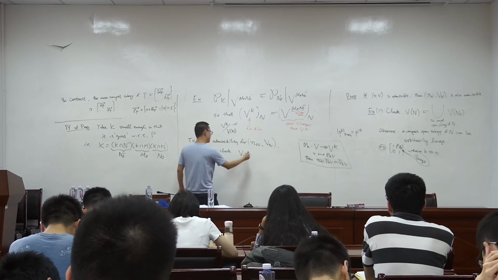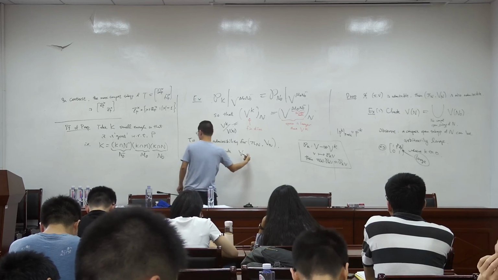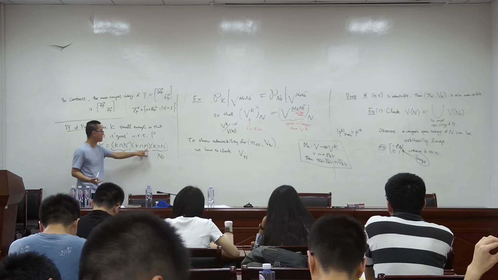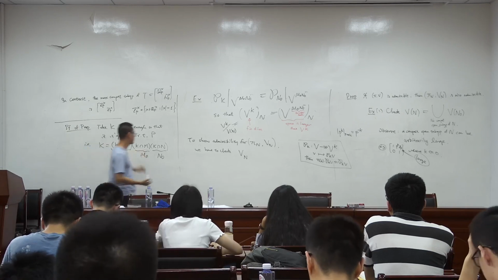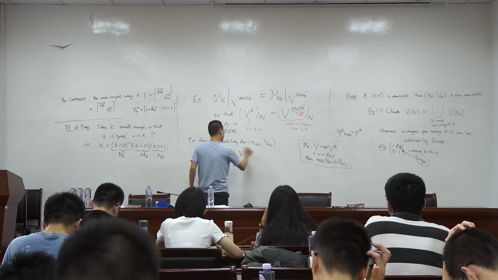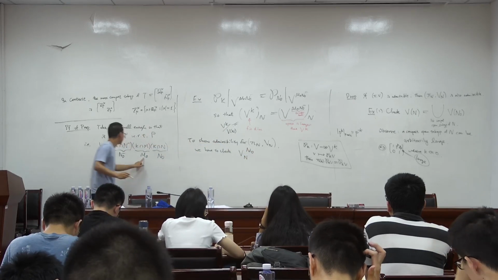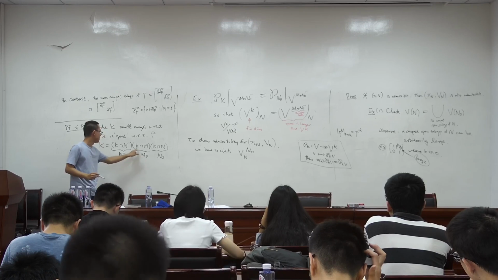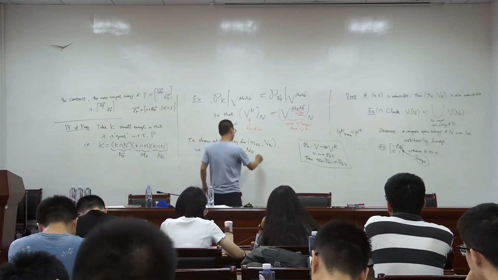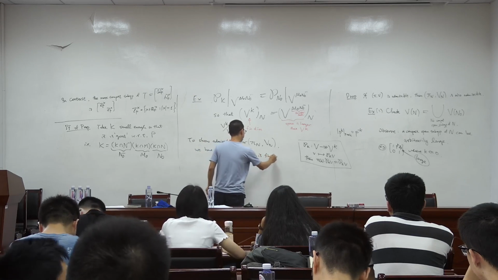This is the Jacquet module. I take the fixed points of a compact subgroup. This is a smooth representation. So I take M0, the compact group of N. I want to check this is finite dimensional.